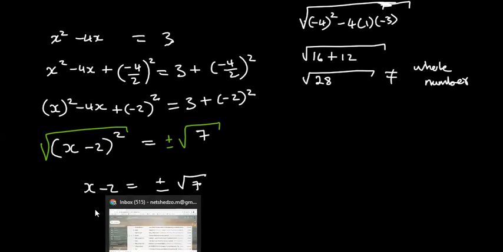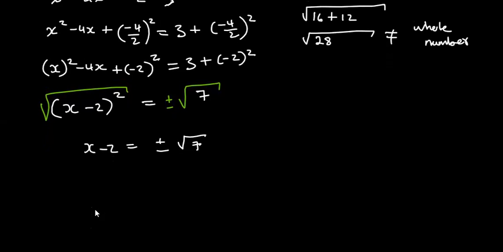Then what is left is just simplifying. So x equals positive 2 plus minus root of 7. 7 is not a perfect square, and that's the reason why we are completing the square in the first place.